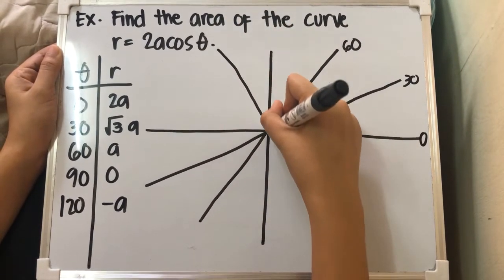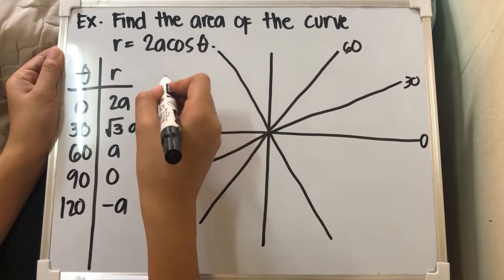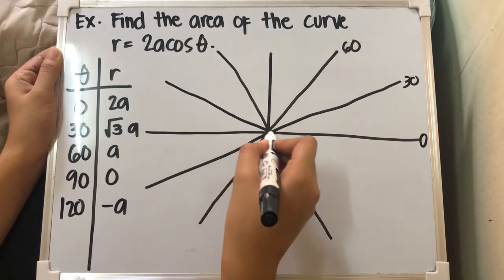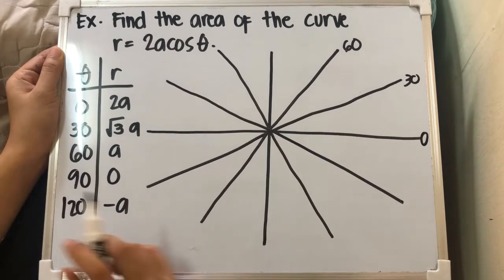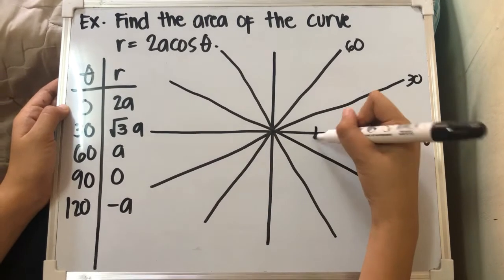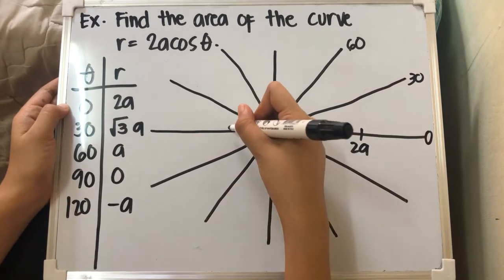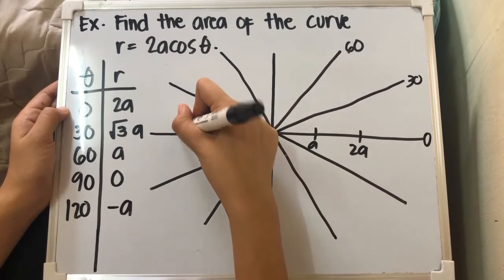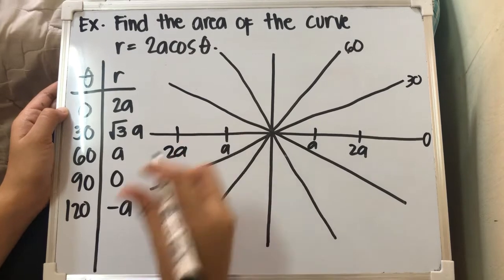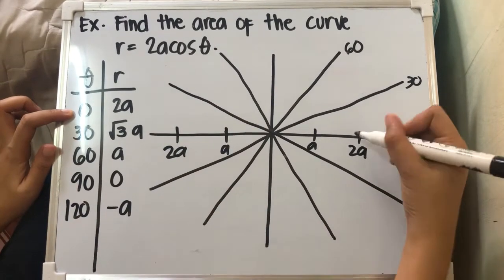I'll try to make this as clear as possible. Now this will be our a, this is 2a, this is a, this is also 2a. Now 0 and 2a, it's somewhere here.